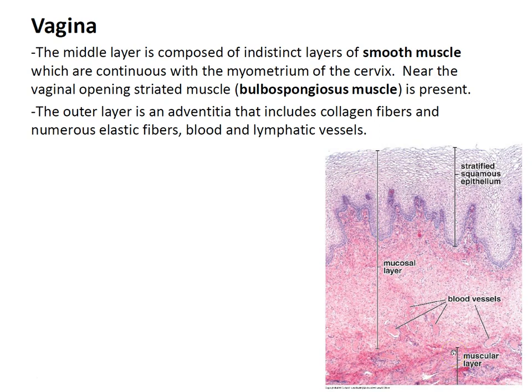The striated muscle fibers of the bulbospongiosus muscle are also present at the vaginal opening. Now, the last one is the outer layer, which is an adventitia, consisting of collagen fibers, elastic fibers, and blood and lymphatic vessels.